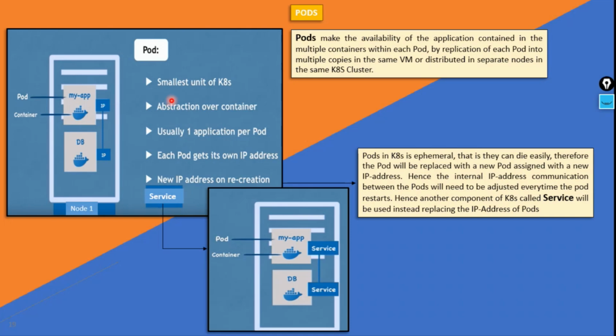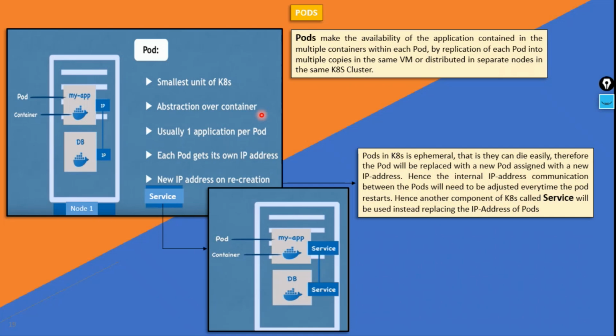So a pod is basically the smallest unit of a Kubernetes cluster. It is an abstraction over the container. Abstraction is an object-oriented programming concept.